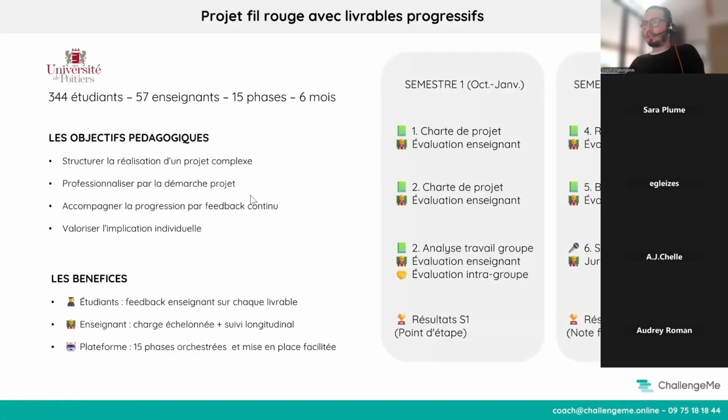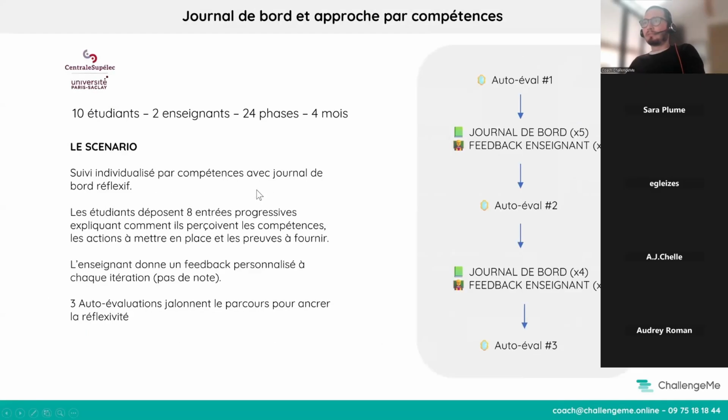So here we're referring to the challenge of, I'll go back to the slide, that way it will also illustrate the question. The challenge that was launched by Centrale Supélec. So if I'm not mistaken, what we were asking the students here was to indicate in the logbook where they were in terms of developing the skill.